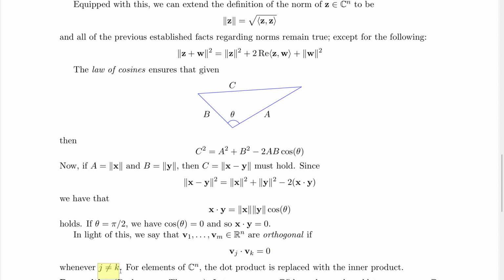Note you need this because if you required all possible dot products to equal 0, then vk dot vk would equal 0, but as we know that would force vk to equal 0. So the only things that could be orthogonal are a list of zeros, which we don't want. And again, it's worth noting that for elements of Cn, the dot product here must be replaced with the inner product to keep the non-negative quantities that the dot product possesses in Rn.